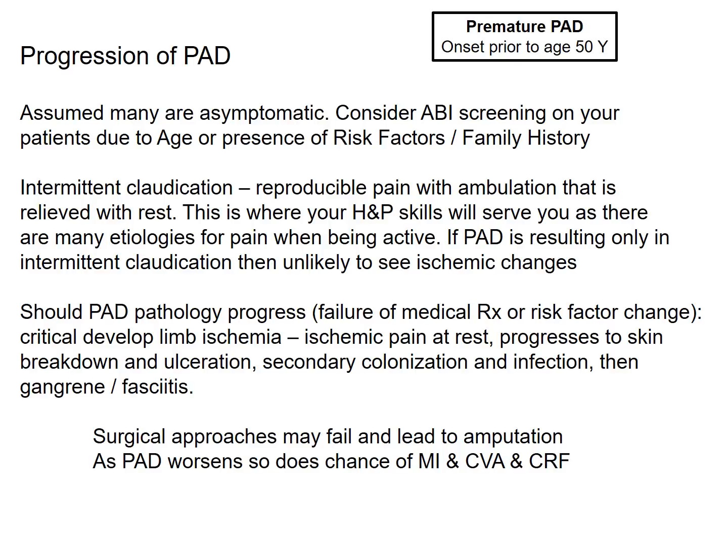A good example of progression of this and how bad it can get would be the diabetic foot ulcer, right? You know that in diabetes, there's a high risk of vascular insufficiency due to the acceleration of atherosclerotic plaquing, and that atherosclerotic plaquing can lead to intense ischemia of tissue, leading to the breakdown of tissue and ulcers, particularly on the feet, which can then get colonized with bacteria, lead to secondary infections, gangrene, fasciitis, and eventual amputation, right?